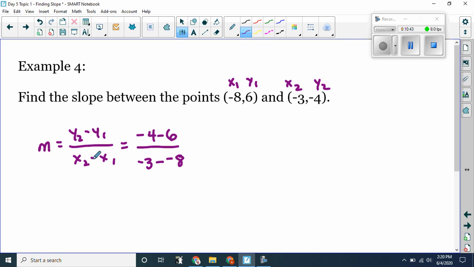So notice I have the minus sign from my formula right here, and then also x sub 1 is negative. So this minus sign is because of the minus sign in the formula. This minus sign is because x sub 1 is negative.